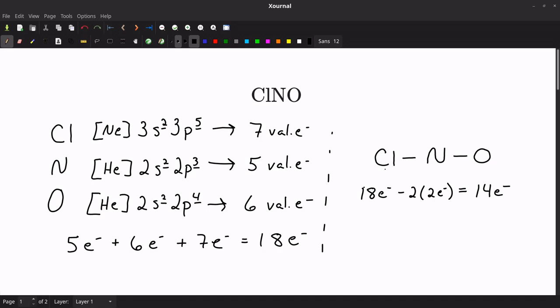I can place those first on the terminal atoms. This guy already has 1, 2. This guy has 1, 2. So they can each take 6 electrons, 3 lone pairs apiece, before they get to their octet. So we'll start by doing that.